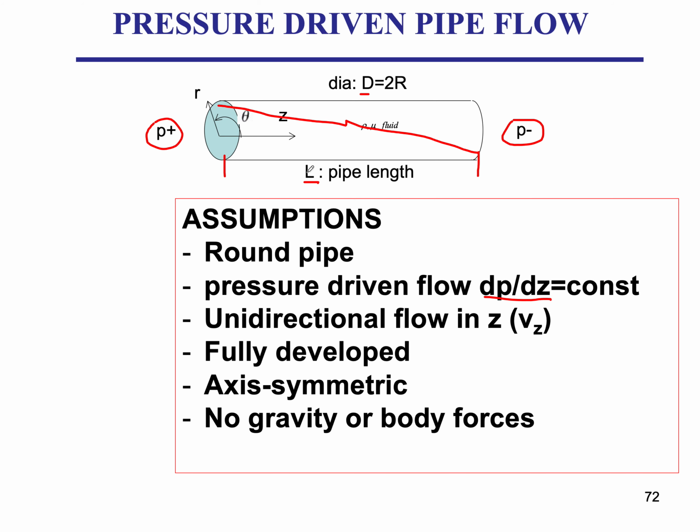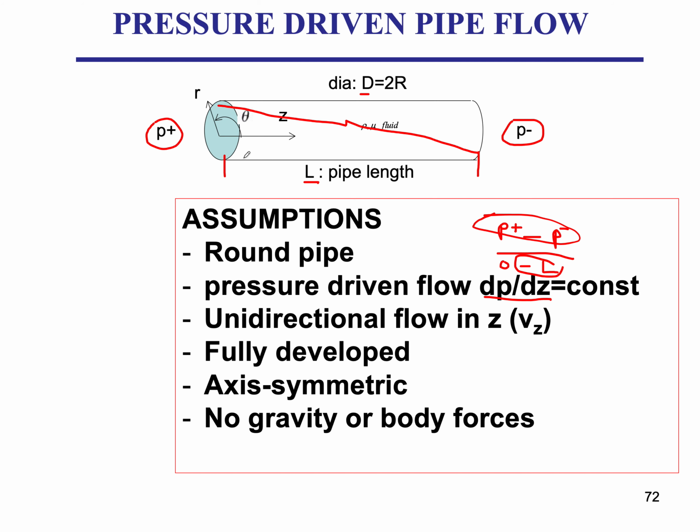So dP/dZ will be just P plus minus P minus, because it's linear, P plus at the inlet, minus the P minus at the outlet, divided by 0 minus L. So you see, because this thing is positive, and this thing is negative, this whole thing is positive, and you have a minus L. So for you to have the flow going from left to right, you want your pressure gradient to be negative. And it's a negative that is a constant.